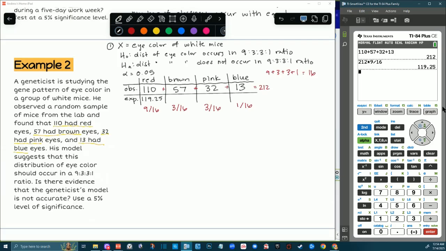It is okay to have an expected value that is a decimal. For the brown and the pink, which occur with the same probability, 39.75. And then for the blue, 212 times 1/16 is 13.25.